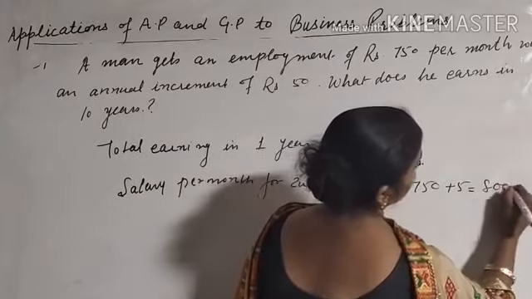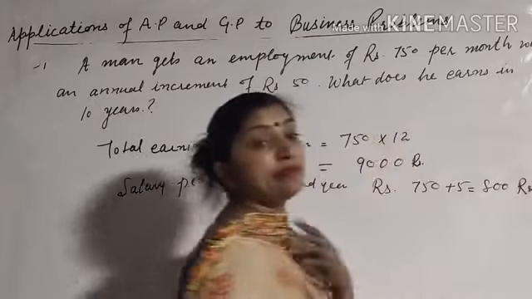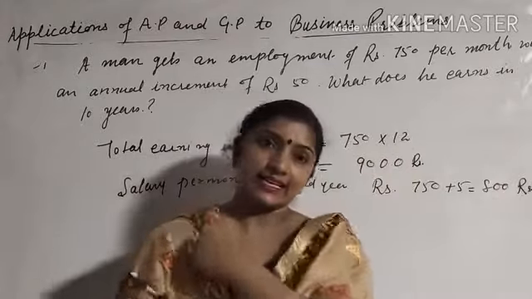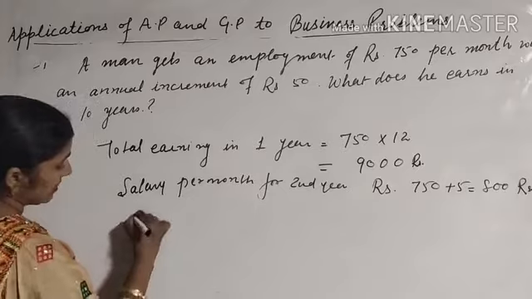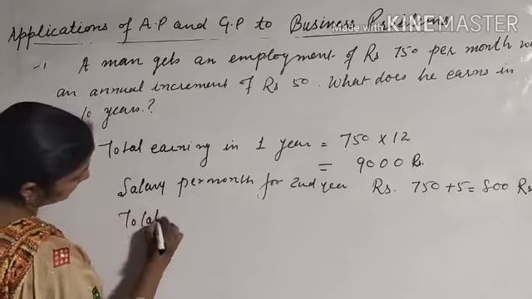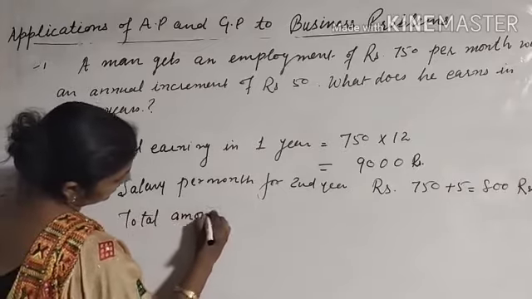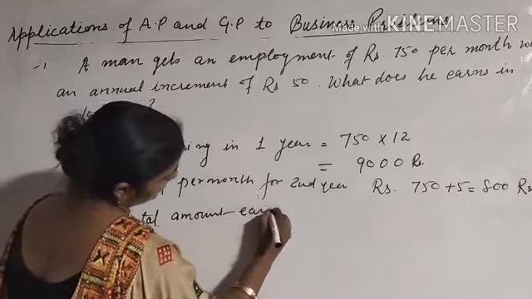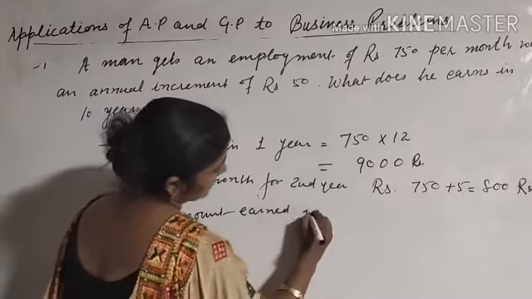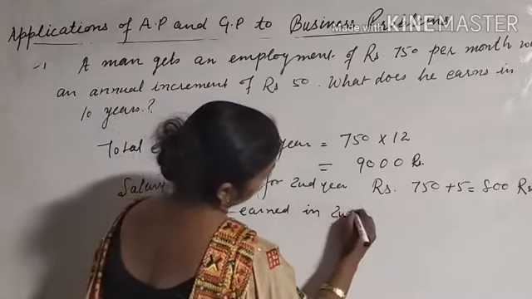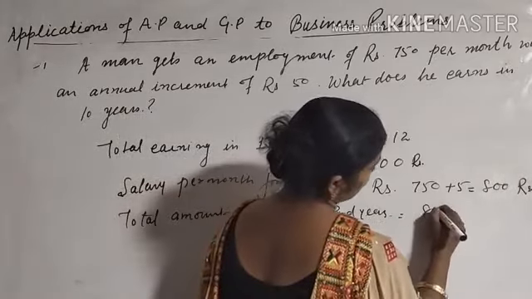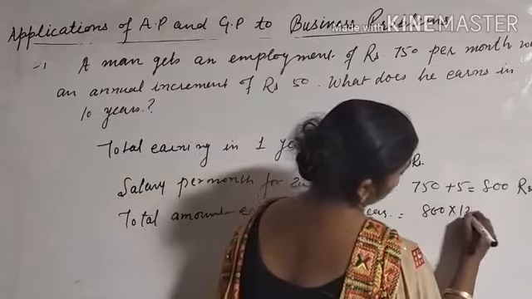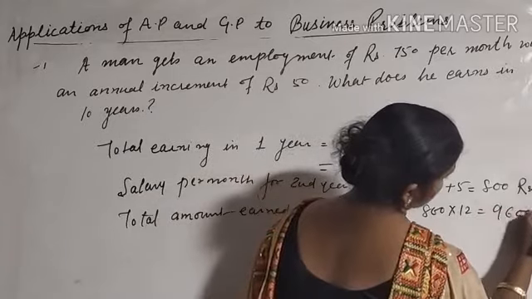So he will be getting rupees 800 per month for the second year. So the total amount earned in the second year is 800 into 12. This is 9,600.